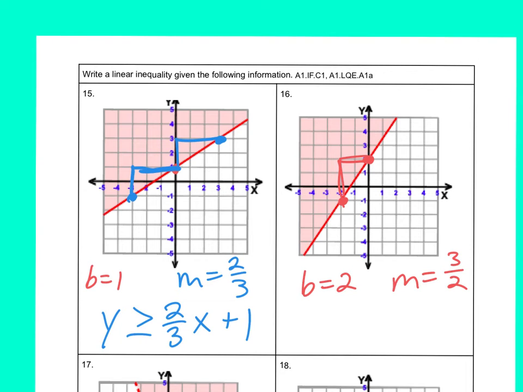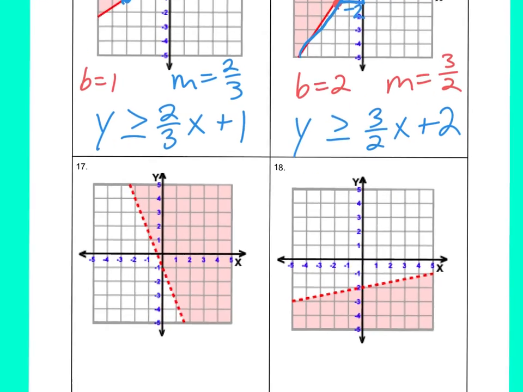So if you did -3, so for instance, you went down 3, you'd then have to go left 2. So this would end up being a -3 over -2, which would still be positive. And we see that this line's going up from left to right, so we want that to be positive slope. Okay? So now, y, leave a space, 3/2 x plus 2, right? What's going to go in my space? Greater than or equal to.